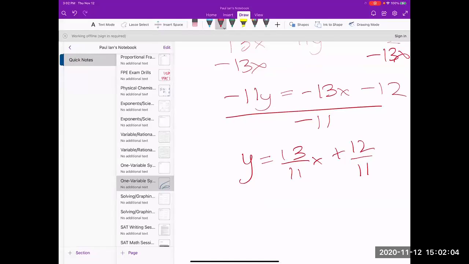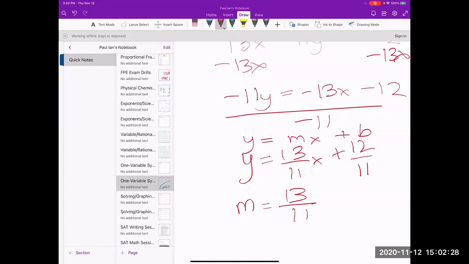Just to ask another question, what is the slope here then? What is the m? And remember, the slope-intercept form is y = mx + b, right? Yeah. So what is your slope, m? 13 over 11x.